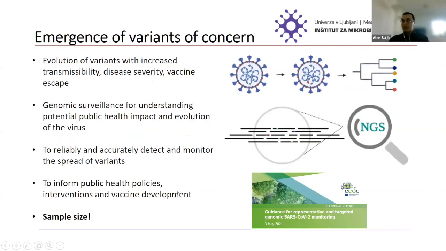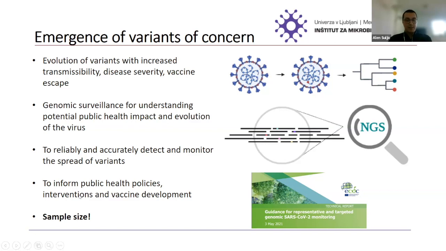So mutations are a natural part of the replication cycle of any RNA virus, resulting in evolution of variants with increased transmissibility, disease severity, and vaccine escape due to immunological memory.